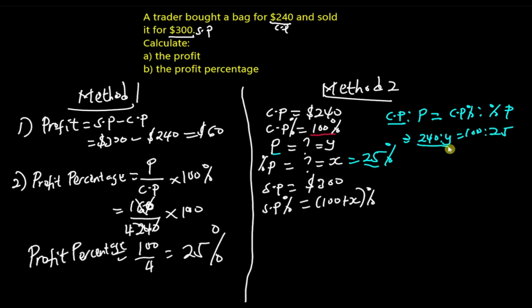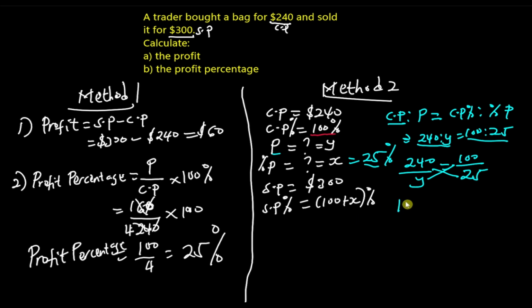So we could just change these to fractions. We have 240 over y equal to 100 over 25. Now we could do cross multiplication, 100 times y and 240 times 25.